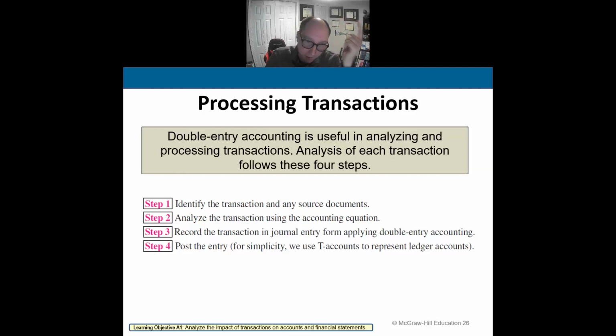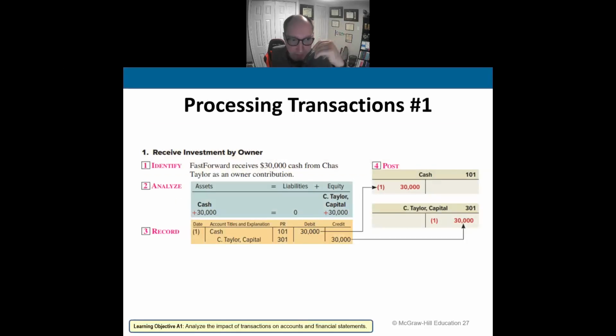First, we process the transaction using the 4 steps we talked about. Identify the source documents, analyze the accounting equation, record the transaction through journal entries, and then post the journal entry. Those are the 4 steps. In processing the transaction, I've identified that we received cash from our owner as a contribution.